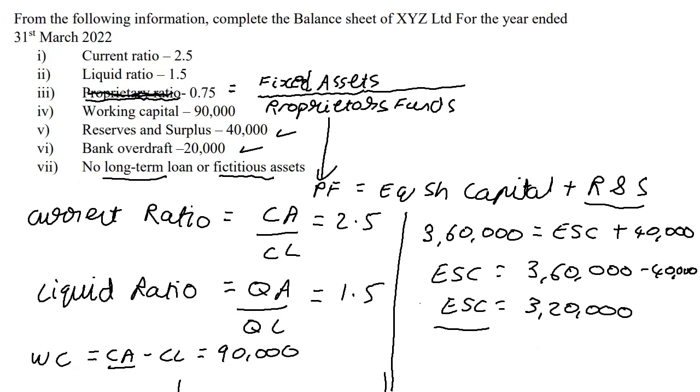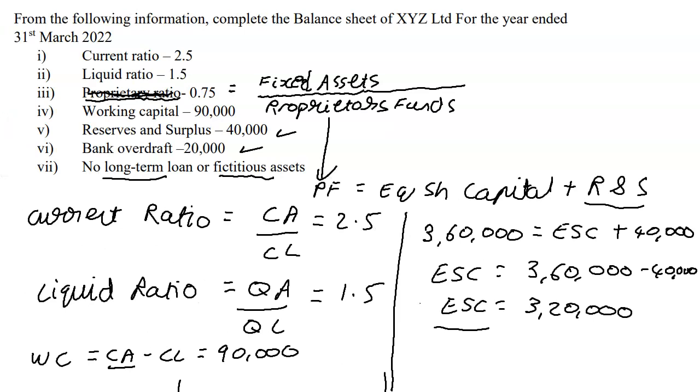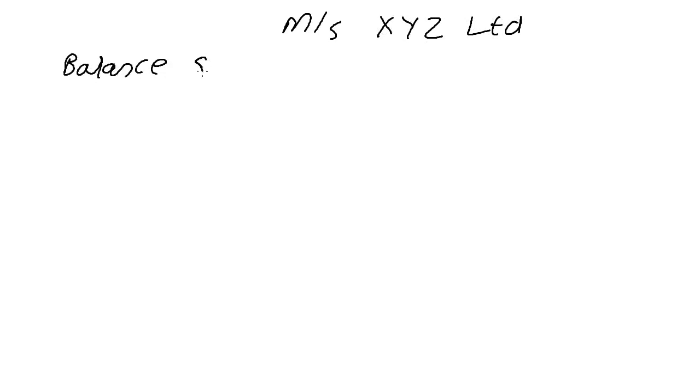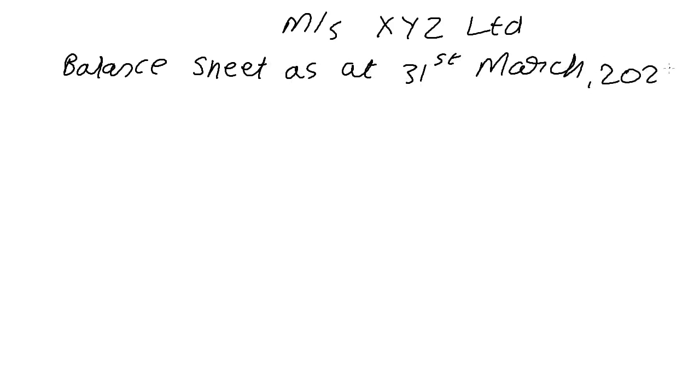So I'm going to go to the right and write the name of the company, XYZ Ltd. Balance sheet for the year ended 31st March 2022. Okay, so here we go. Messrs. XYZ Ltd., balance sheet as at 31st March 2022.